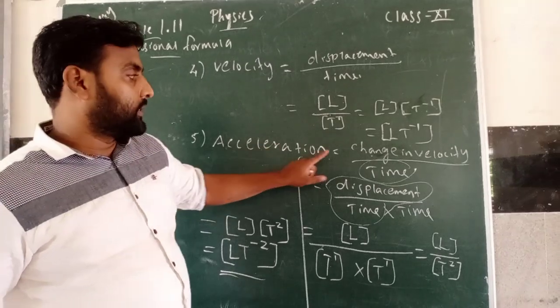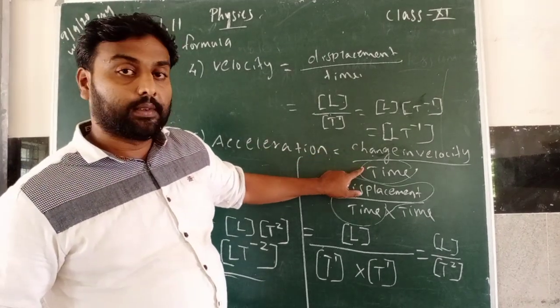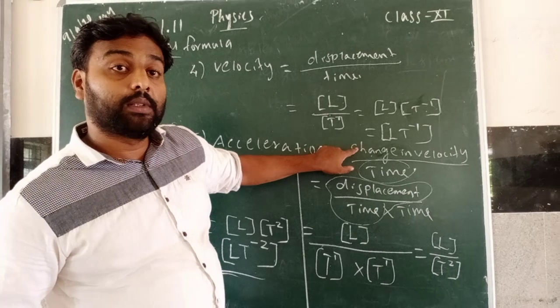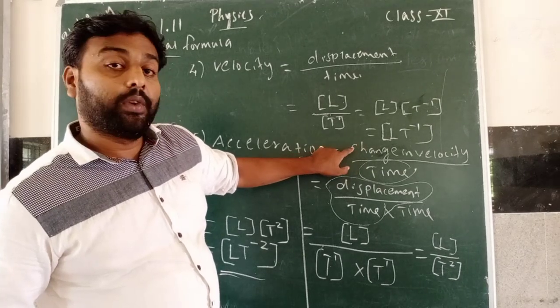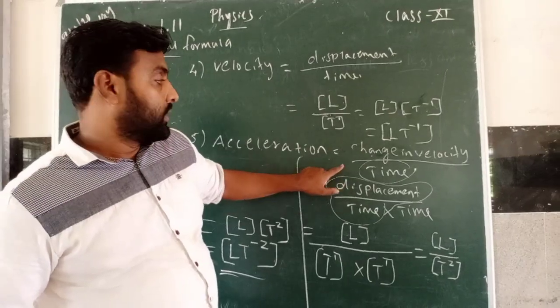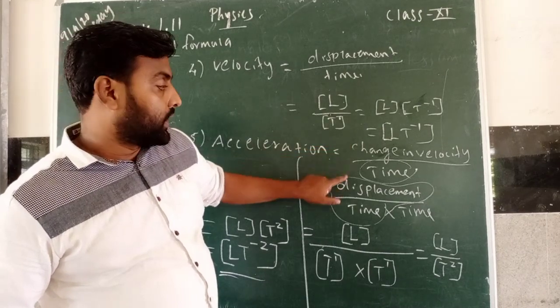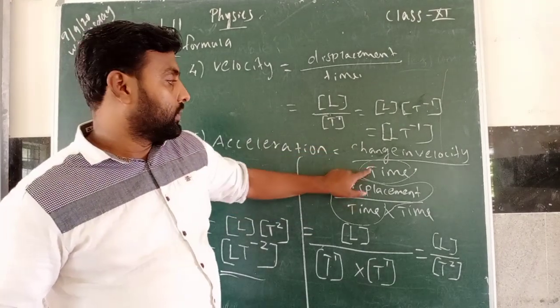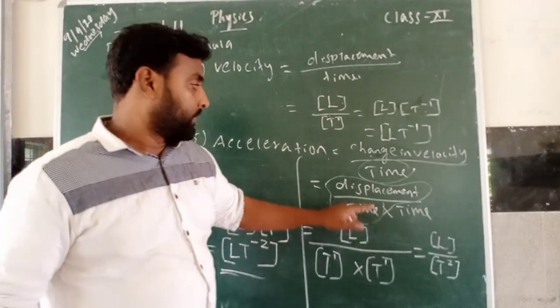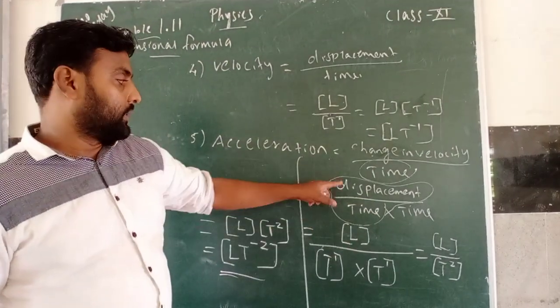Acceleration formula is change in velocity by time. Here change in velocity is a derived quantity, so we have to use the expression for velocity. Velocity means what? Displacement by time. Now use the dimension.